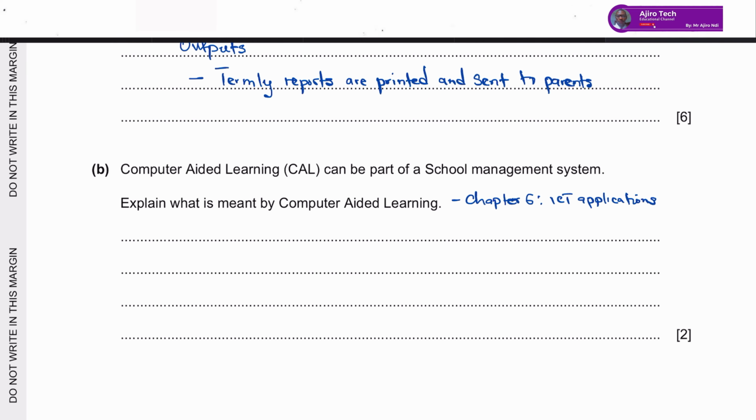So here you see that it's an application, a software used to assist in the academic teaching of students.